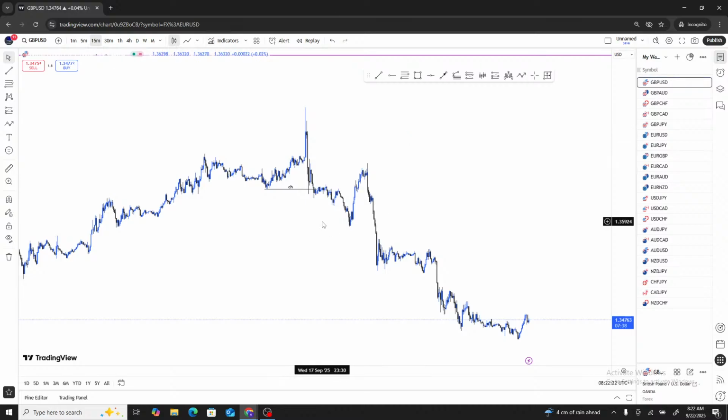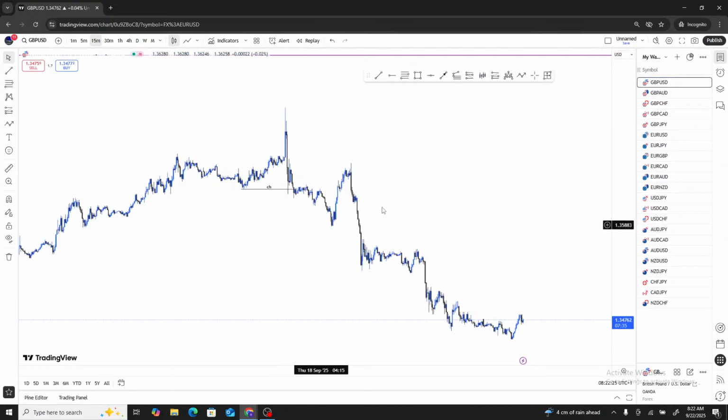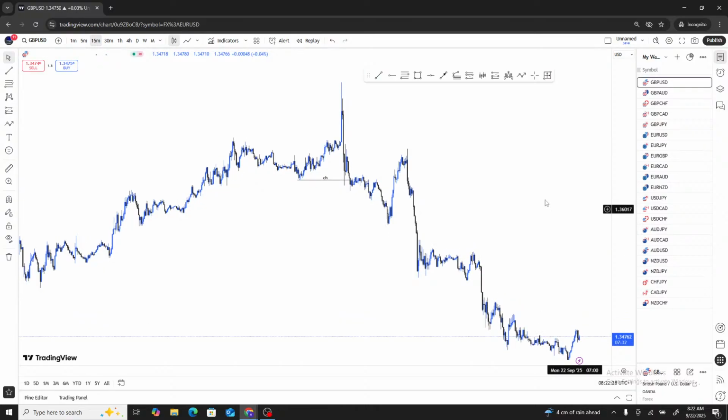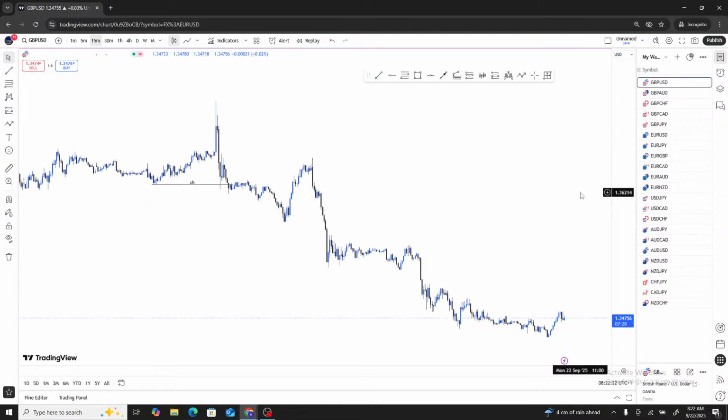Okay. Right now, since we know the market has changed from an uptrend to a downtrend, the next thing we look out for is levels where we can trade from. As this is a downtrend, we would be looking for premium levels where we can sell from, like selling from the highest price.